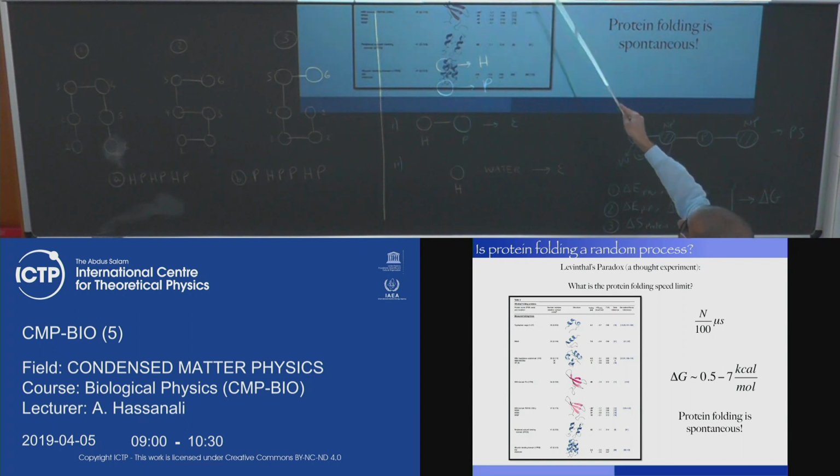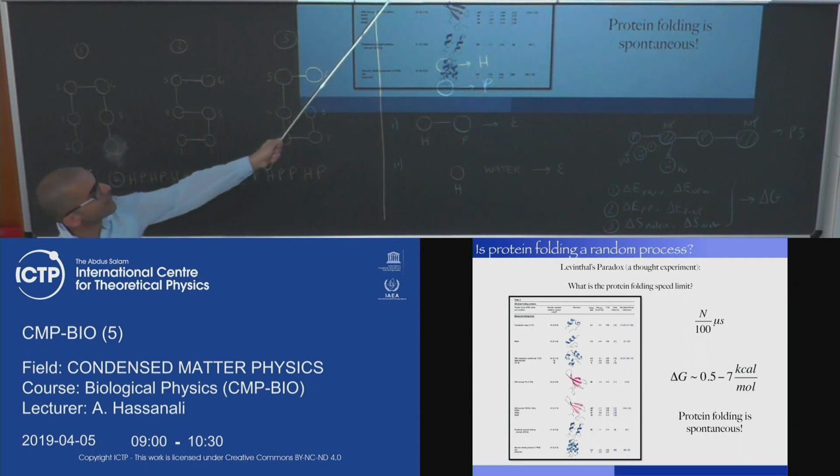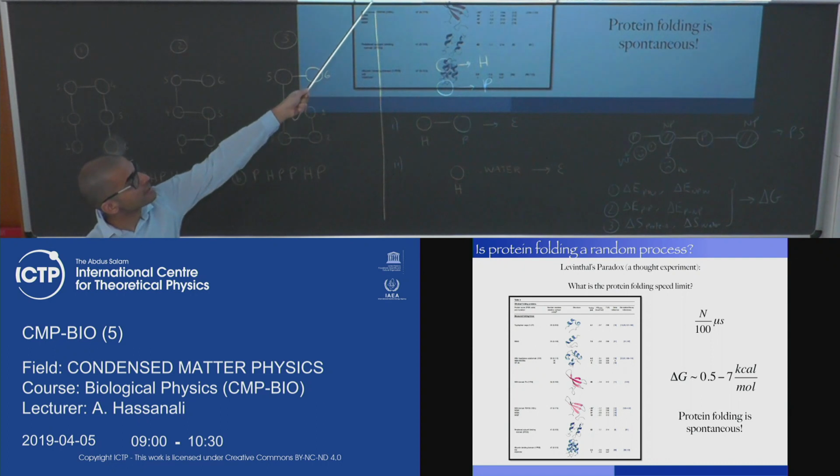These are for different types of classical model proteins that have been used both in experiments and in theory in order to try and validate theoretical models. Now, just to make sure you understand this, is there any relationship between this folding time and this delta G?